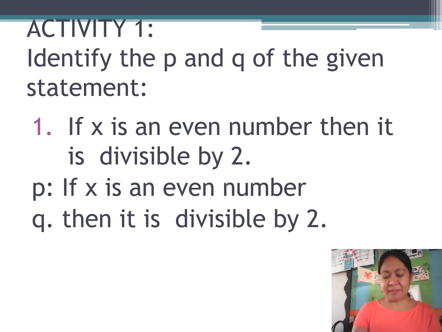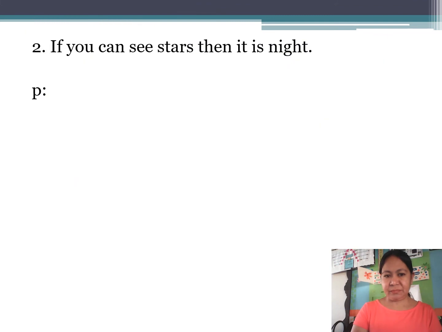Okay, next. For number 2: if you can see stars, then it is night. What is the P part and what is the Q part?